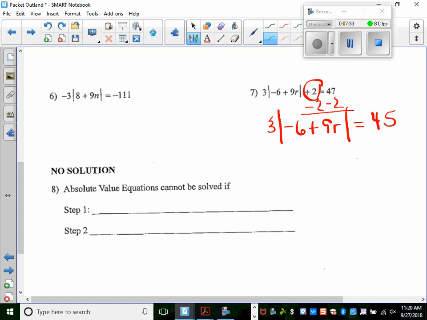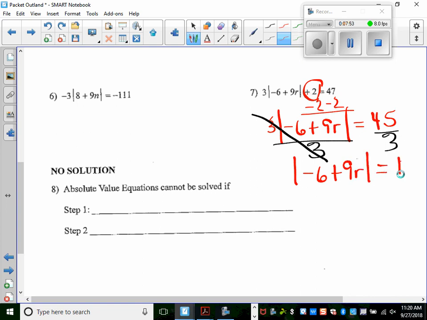Now we're going to divide by the 3 because that 3 is being multiplied. So that makes it one whole. We don't need to write it. Then you have the absolute value of negative 6 plus 9r equals what? 15. Very good.